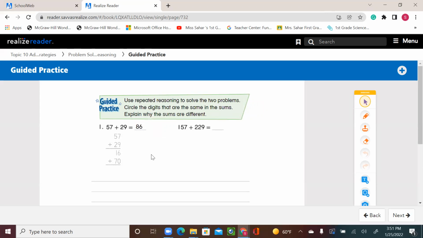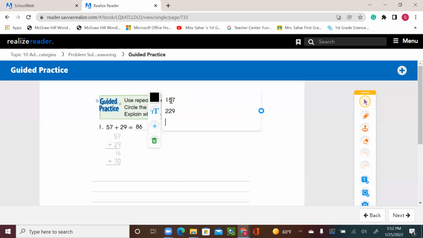All right, so let's do this together. What do we have? I have 157 plus 229. All right. So what we're going to do, let's count the ones. 7 plus 9 equals 16. And then 50 plus 20 equals 70. And then 100 plus 200 equals 300.